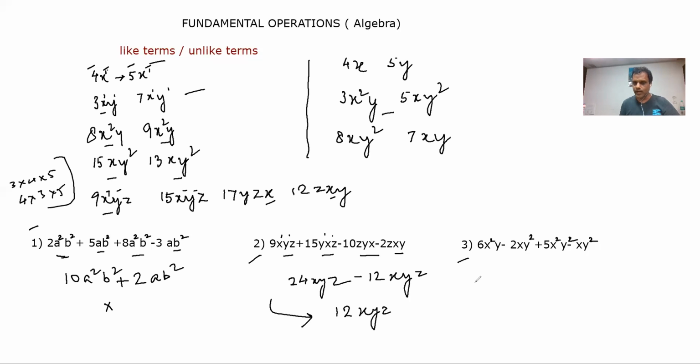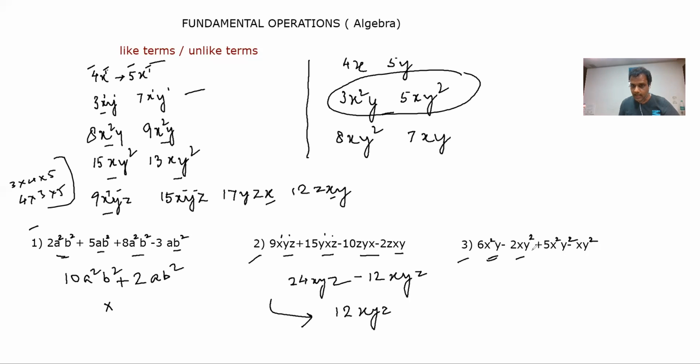Let's do the third one quickly. Which are the like terms? X square y. Are these two like terms? No. Be very careful. The power here is 2. The power of y is 2. Don't get confused. I have already explained you here. So this 6x square y, I don't think so.